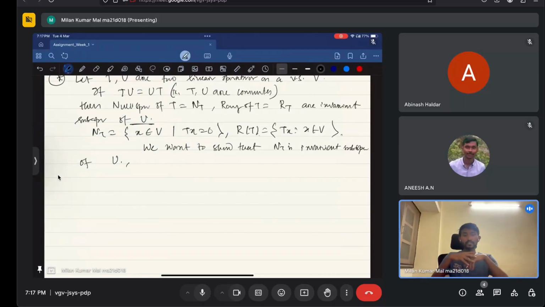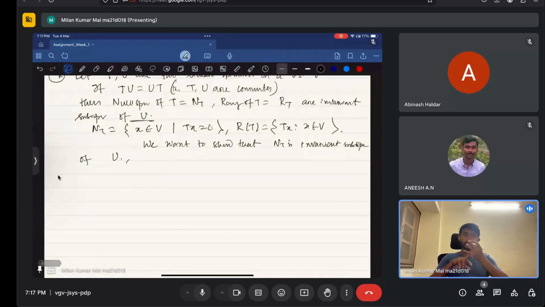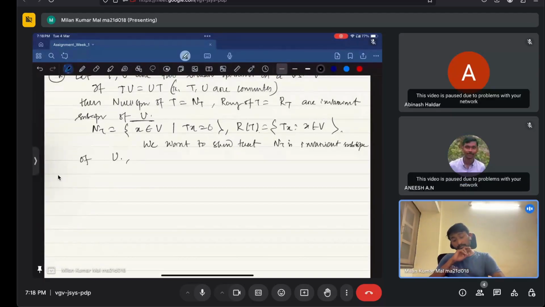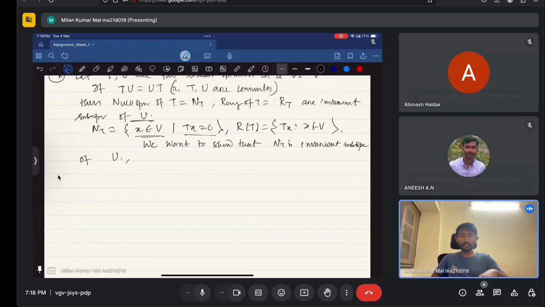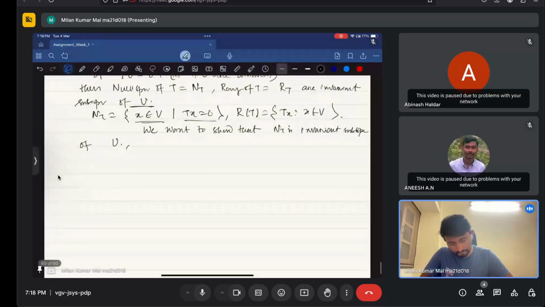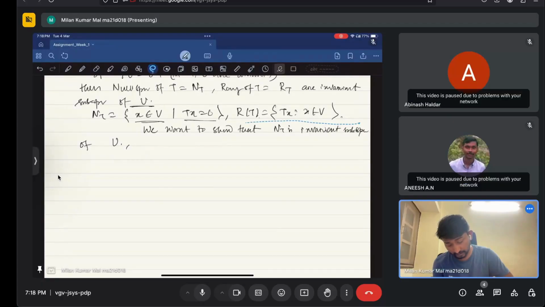Why? For a linear operator T, its null space and range space are already invariant subspaces of T, because null space elements are x such that Tx equals 0. So any element taken from N(T) will again be in it. Okay, let me write it a little separately here.